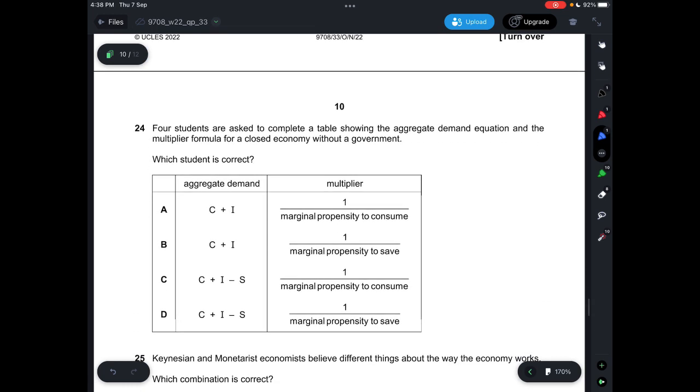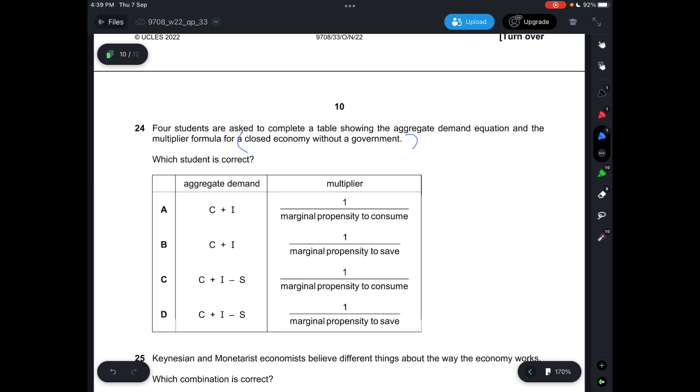24. Four students are asked to complete a table showing the average demand equation and the multiplier formula for a closed economy without a government. Okay, closed economy without a government, so there's no taxation. Which student is correct? For the multiplier, there's no MPC, there's only MPS.